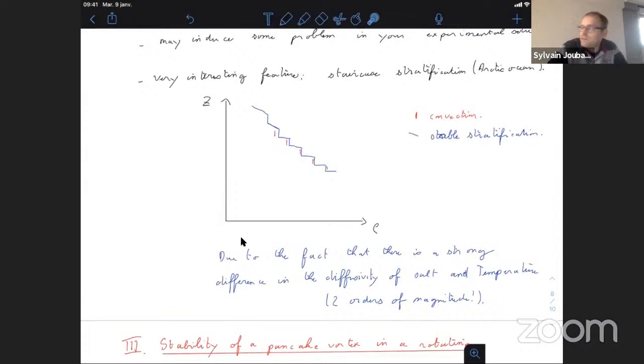If I remember the papers I have in mind, I don't remember the scale in the ocean. I think it was some meter scale. In the lab, it was a few centimeters. It really depends on the temperature and the salinity of the system.